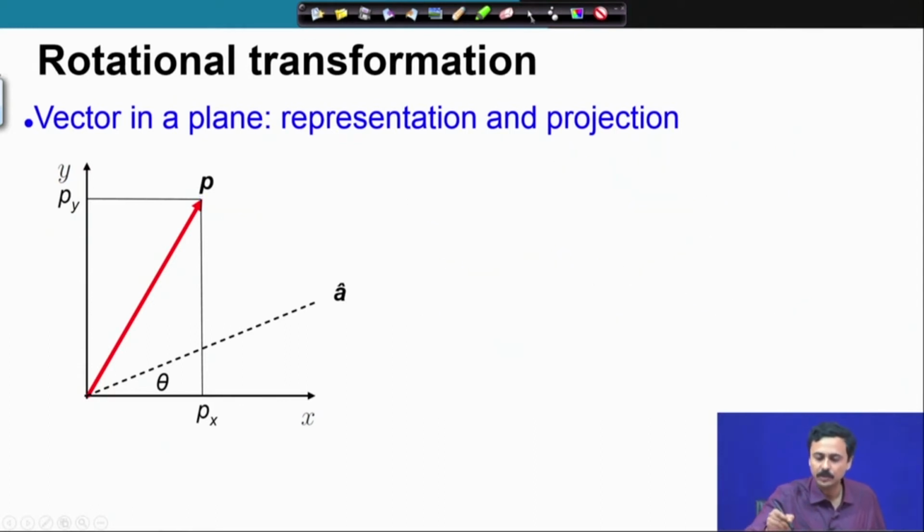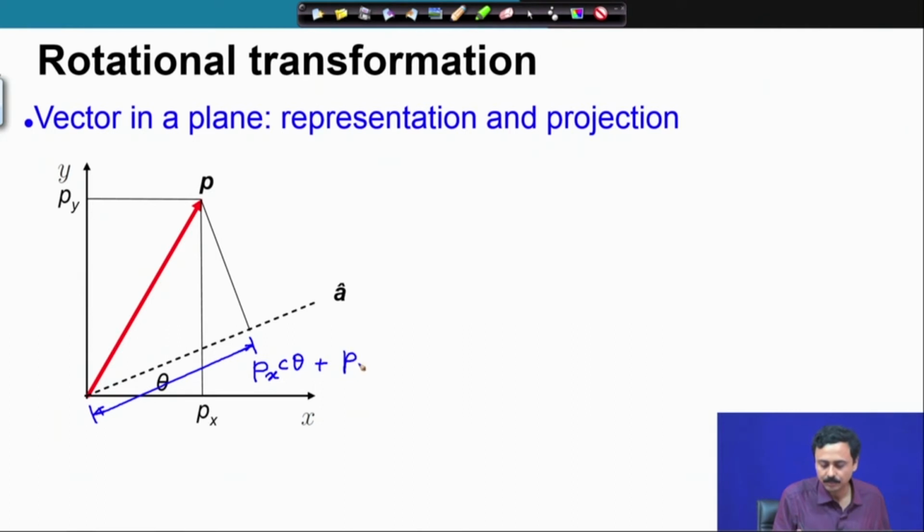So, let us see how we do that. So, this projection, this distance, is nothing but what I just now wrote out, p x cosine theta plus p y sin theta. So, that is the projection and this is what we are going to use.